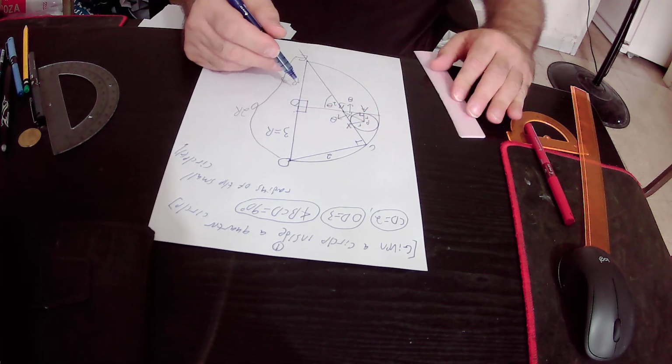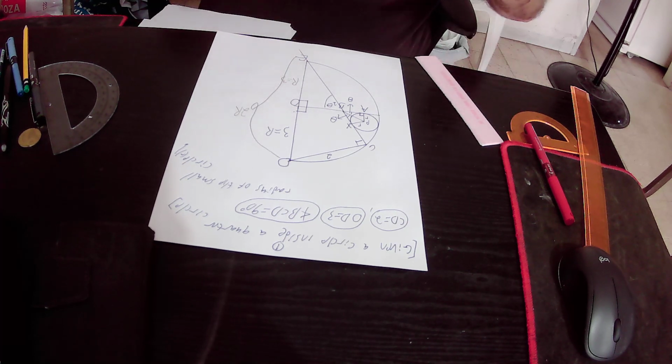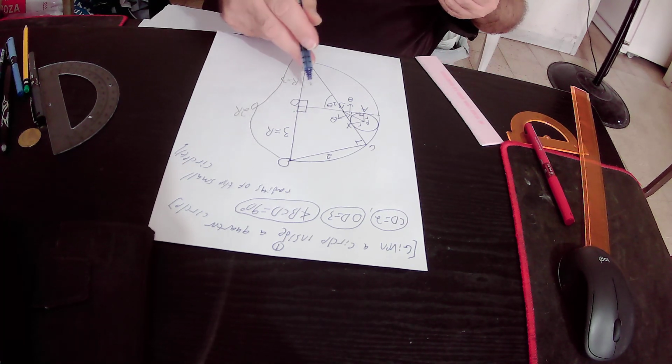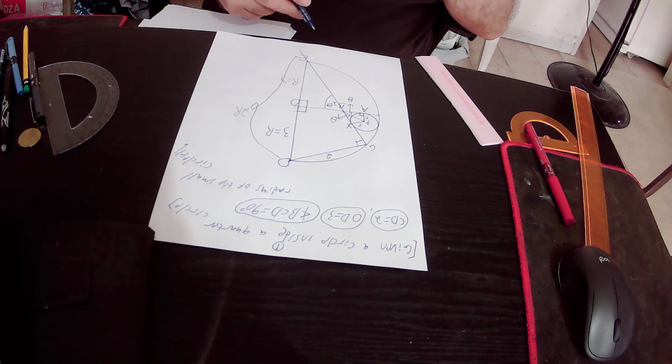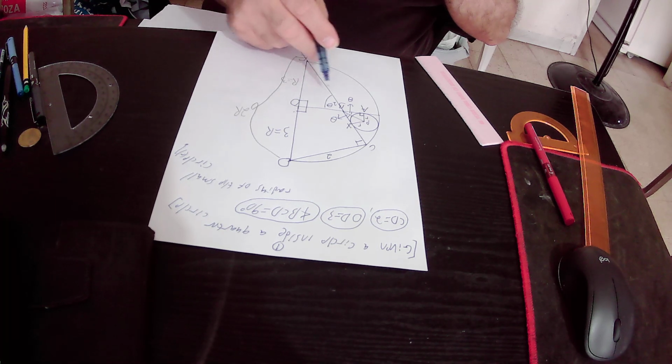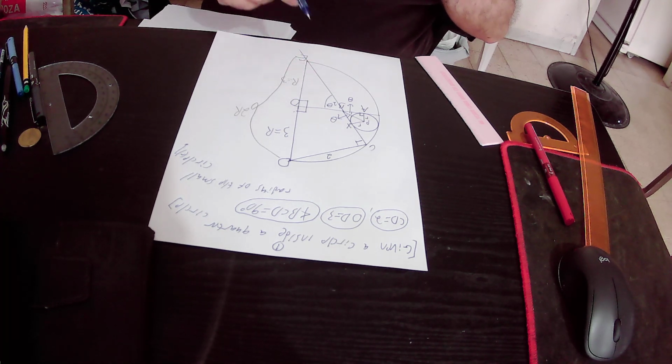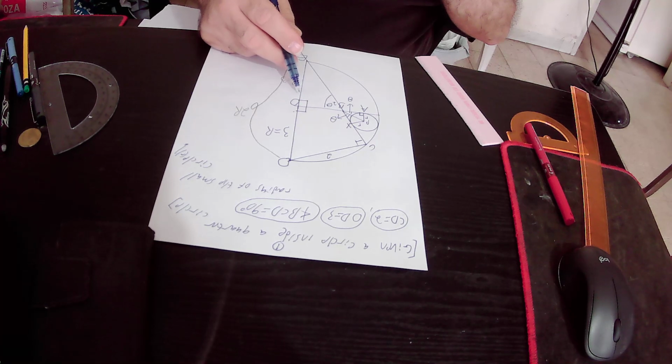Okay, and because angle EOD is a right angle, then we can conclude that triangle EOB is a right triangle because it has one angle that equals 90 degrees.